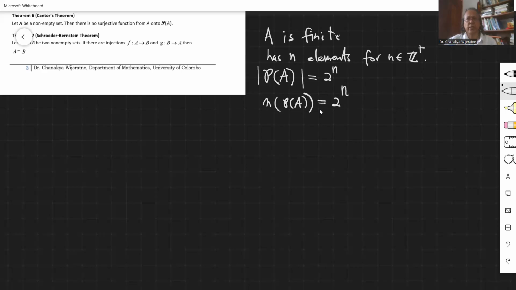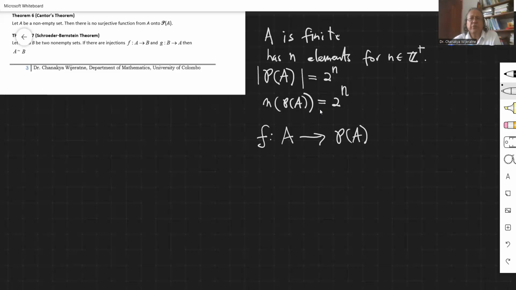And it is quite obvious that there can't be a surjective function, or an onto function, from a set with n elements to a set with 2 to the n elements. So when A is finite, the conclusion in this theorem is obvious.